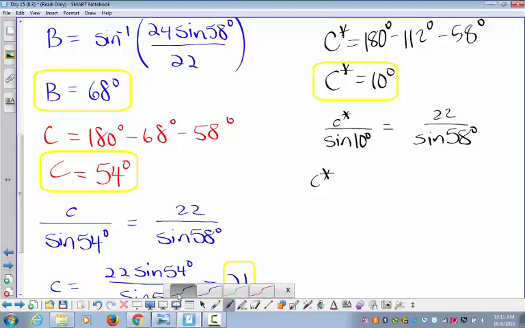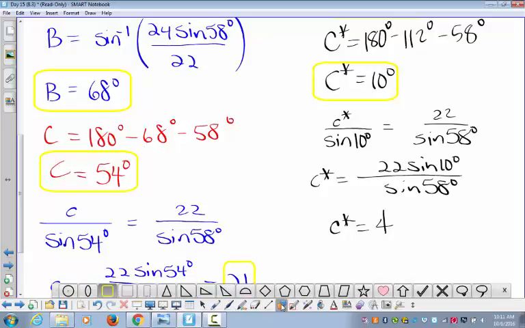So little c star will be 22 sine 10 degrees over sine 58 degrees. Got that. Type it into our calculator, round to the nearest unit, and what do we get? 4. Cool. Nice.